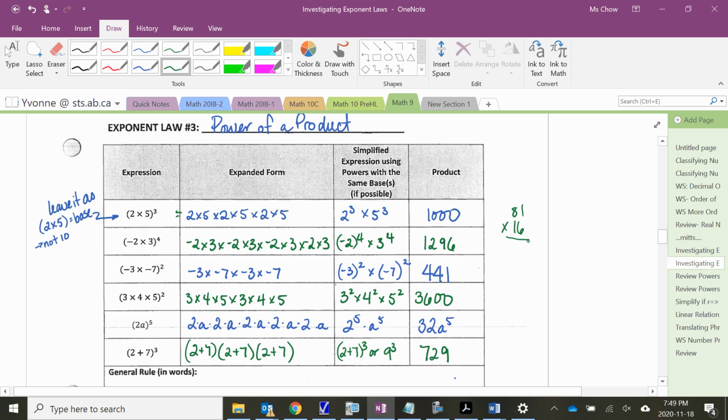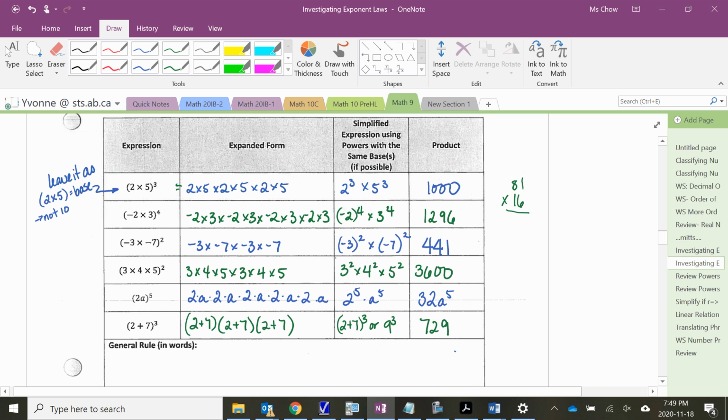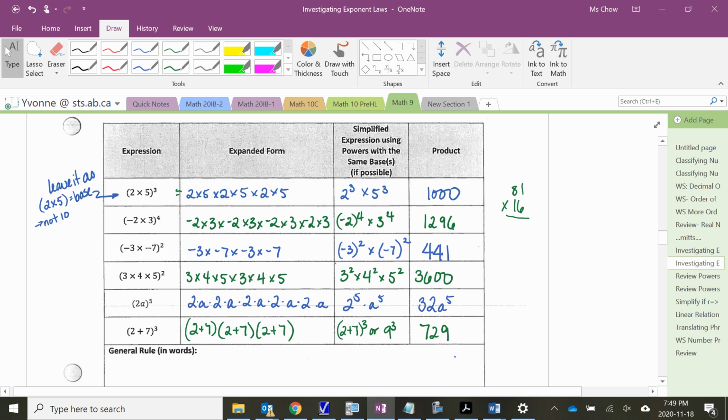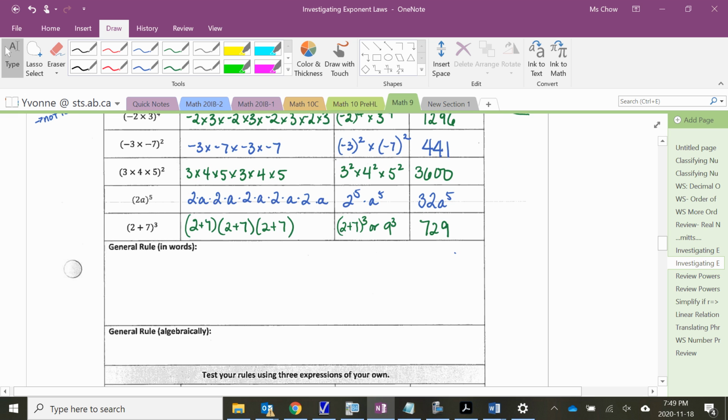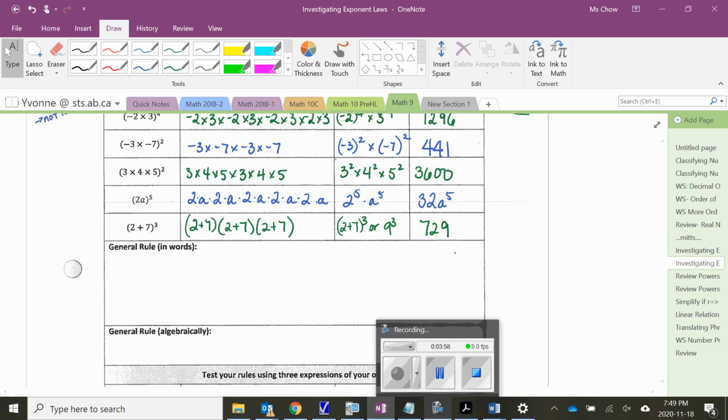And so we're left with 2 plus 7 all cubed, or the only simplification we could do is 9 cubed, and that is 729. So take a look, and again, for our general rule, we are trying to figure out how do we move from our expression into our simplified expression. So take a look at that and see if you can fill in the general rule in words and also algebraically.